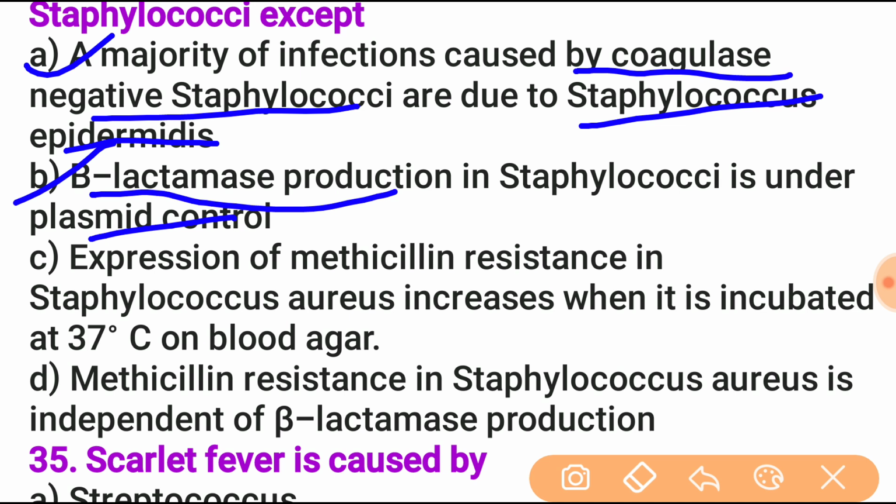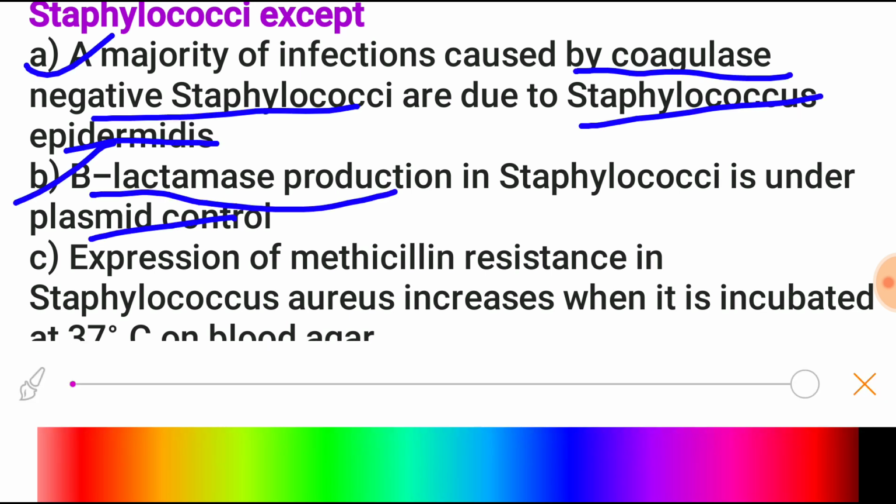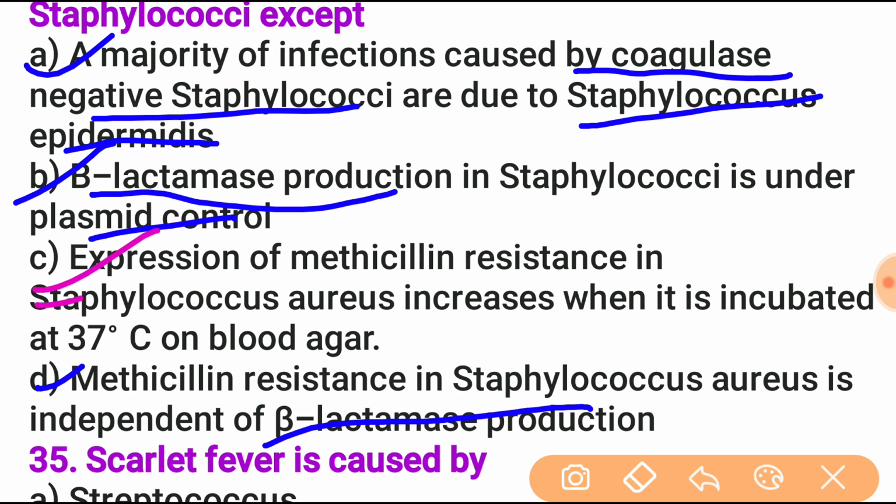It is expressed more at 30 degrees Celsius than 37 degrees Celsius. Methicillin resistance in Staphylococcus aureus being independent of beta lactamase production is also right. So the option about 37 degrees is wrong.